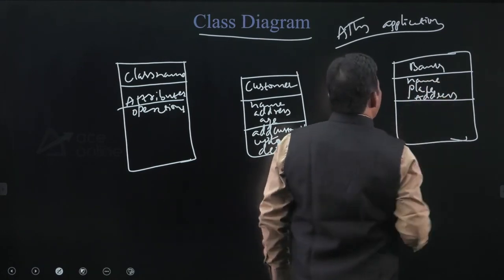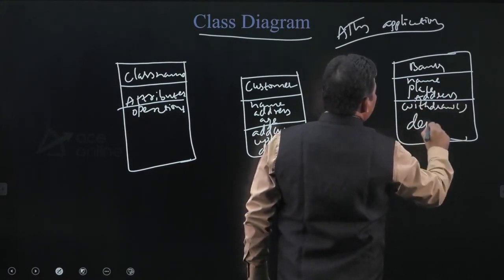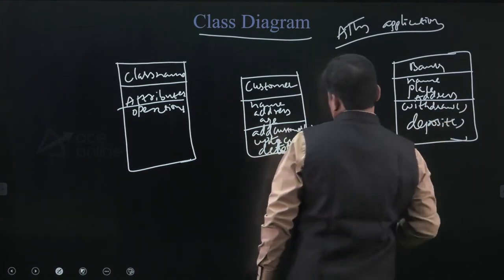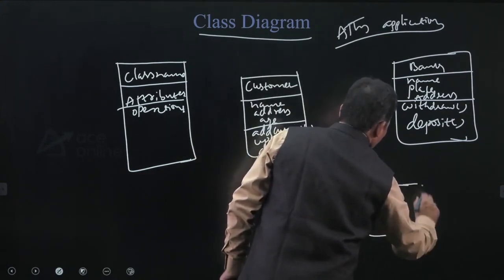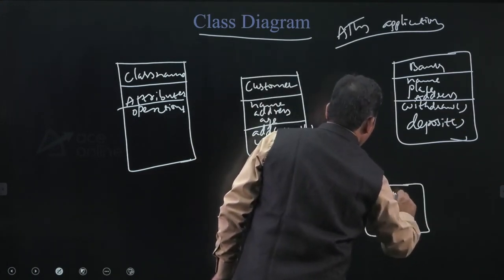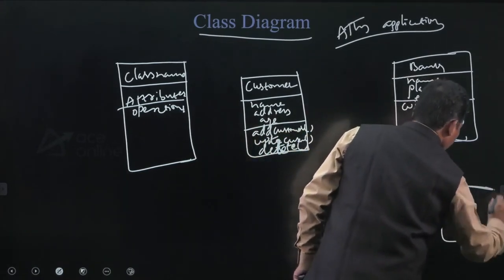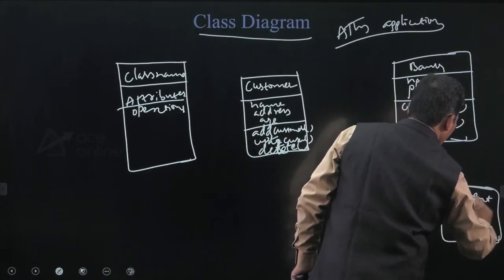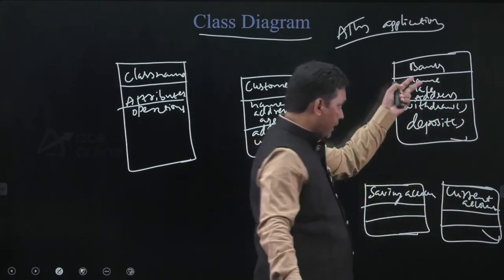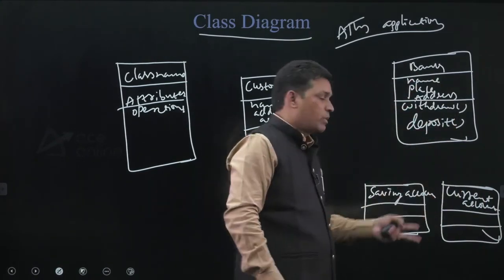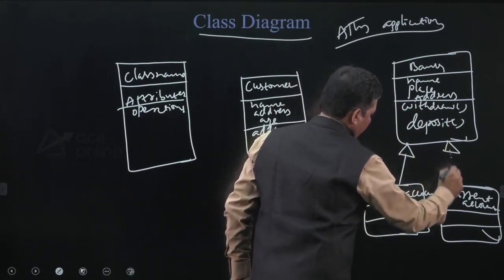The operations that can be performed through the bank are withdraw operation, deposit operation, etc. Bank might again have two subclasses, child classes: savings account and current account, each with attributes and operations. When we want to model parent and child classes, we use the generalization relationship, as we have discussed.